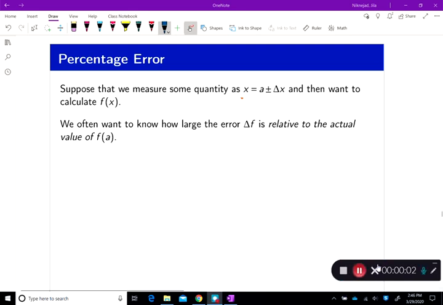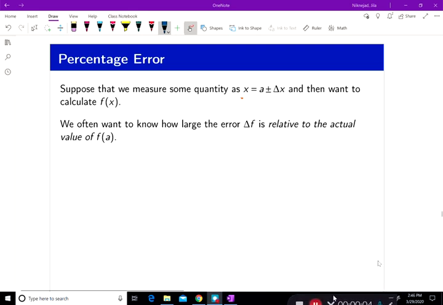We're still in 4.1, and we're continuing with percentage error, relative error, and so on. So far we discussed the absolute error. You have one measurement, and then you have an error in that measurement, and then you use that measurement to find the value for another quantity, basically by plugging it into a function.